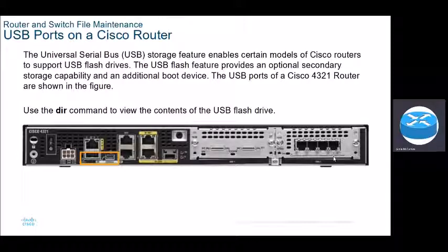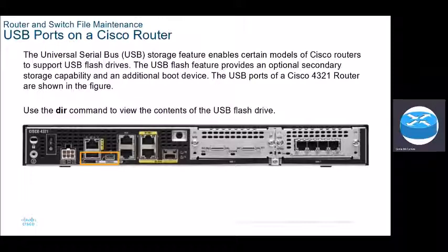Now, on your modern routers, there are often USB ports. One of them is often used for the console port, while another one can be used as your storage. And so basically, you can plug in a flash drive, and that will be extra storage for you.